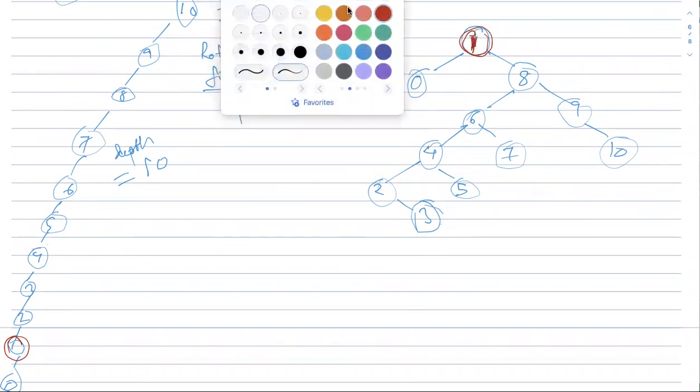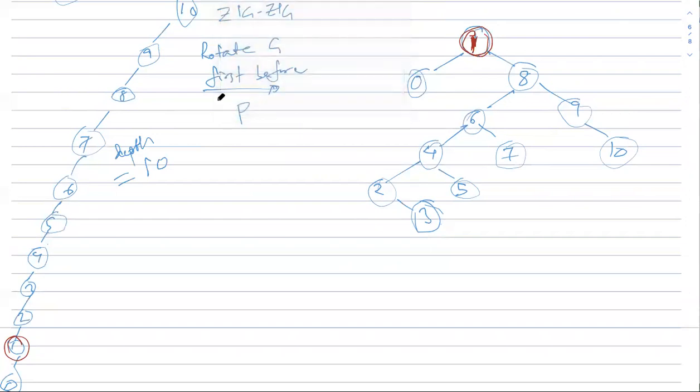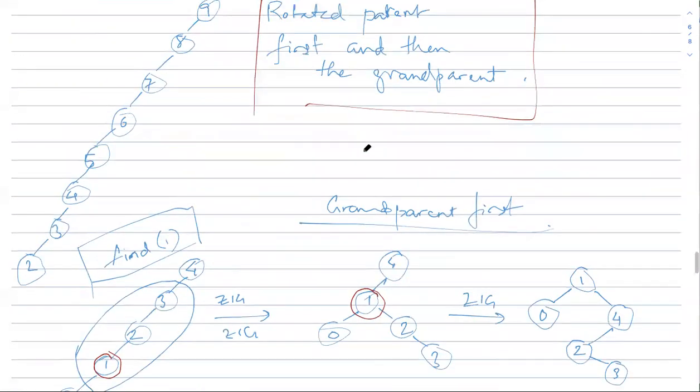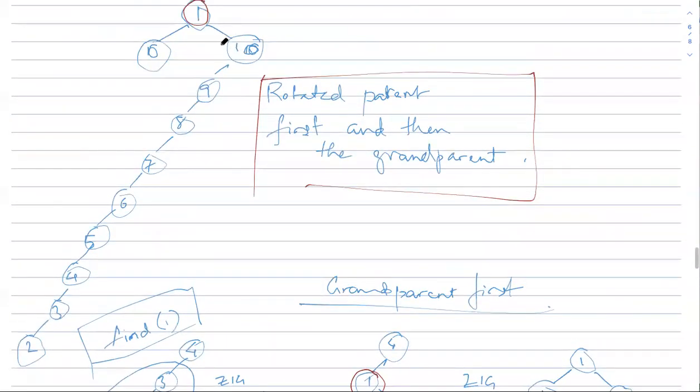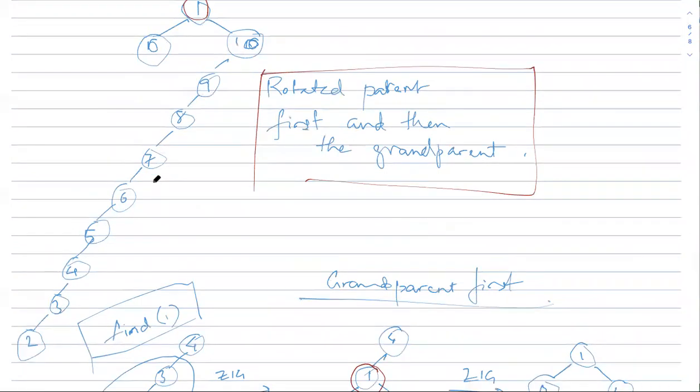After going through a series of grandparent first and then parent rotations, the depth that we have reached here is 1, 2, 3, 4, 5. So the depth went from 10 to 5. What was the depth here? 1, 2, 3, 4, 5, 6, 7, 8, 9.